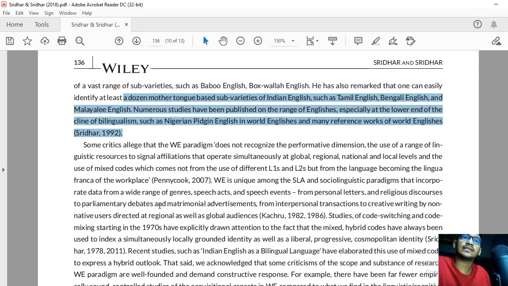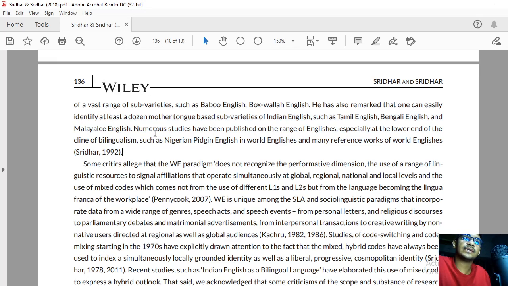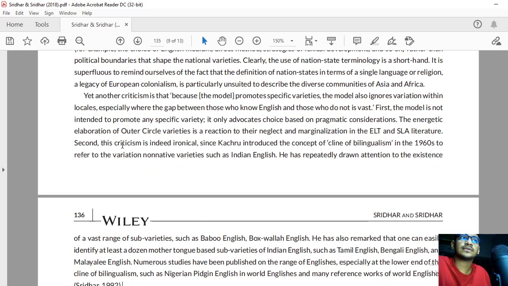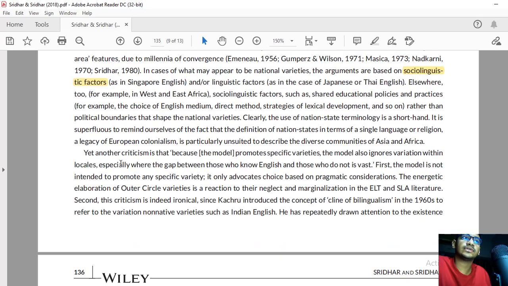The model was simplistic, but not too simplistic, because there were at least examples. There were three circles, and there was detail about intra-national use and international use. So I think Sridhar and these writers also think that this is not a worthy criticism.